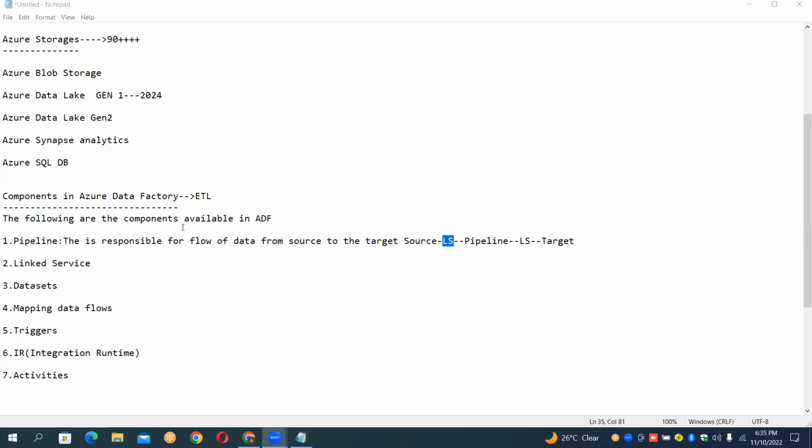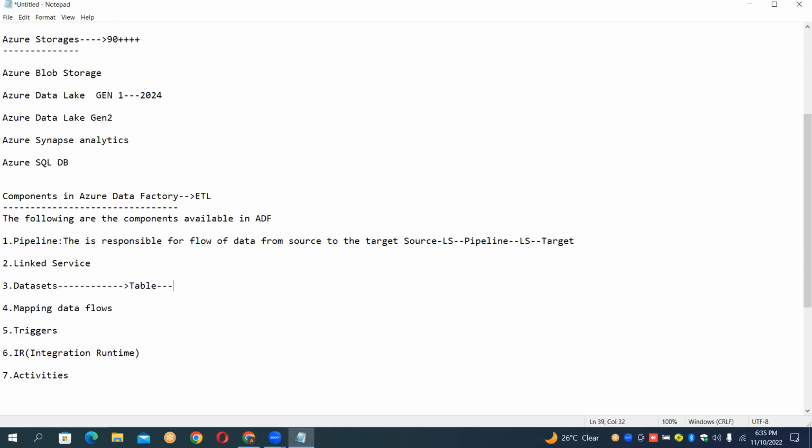Okay, next one, we have a data set. Now, guys, what do you mean by data sets? At this point, what I will tell you is that a data set is nothing but a table. Generally a table means what?